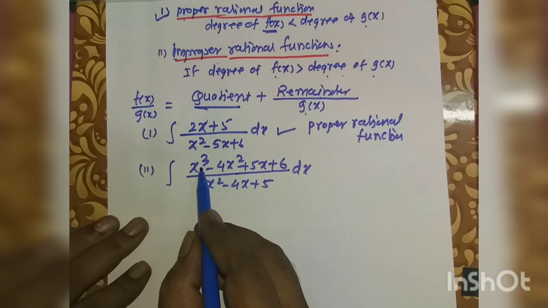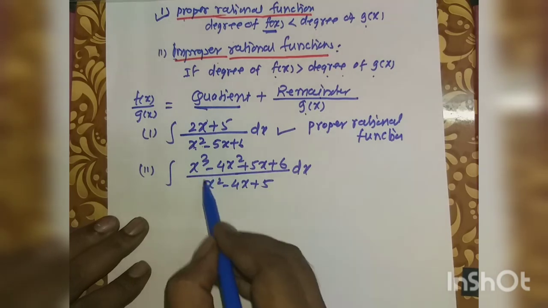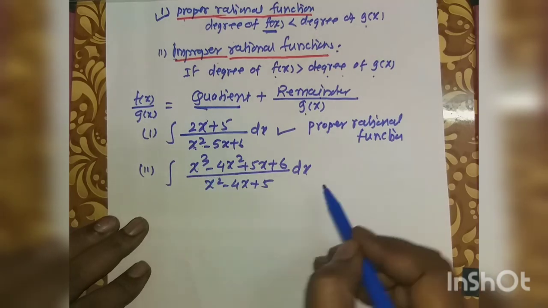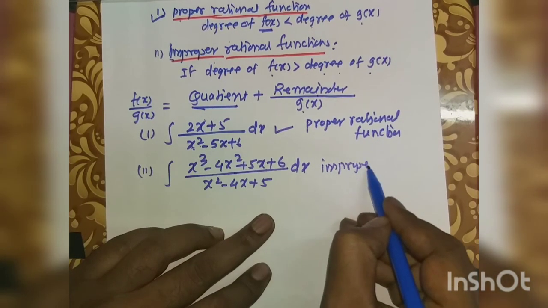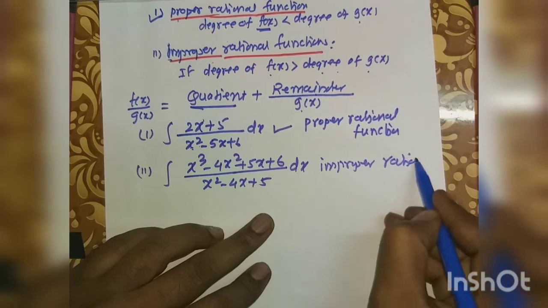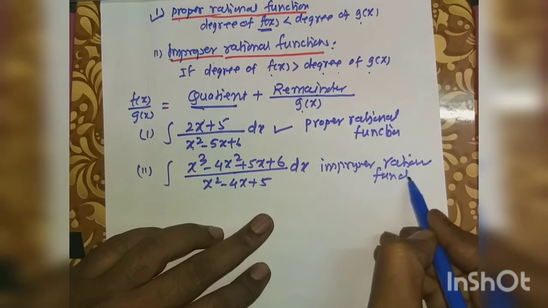Now here the degree of the numerator, that is f of x, is greater than the denominator, so it is called an improper rational function.